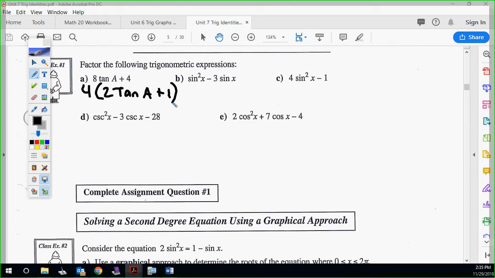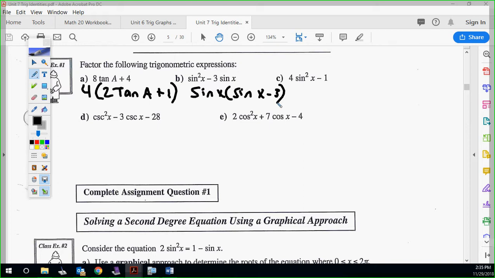Second one, they have a sine x in common. Who thinks they can factor c? What type of factoring is c? Yeah, difference of squares. 4 is a perfect square, sine squared, and 1 is a perfect square.